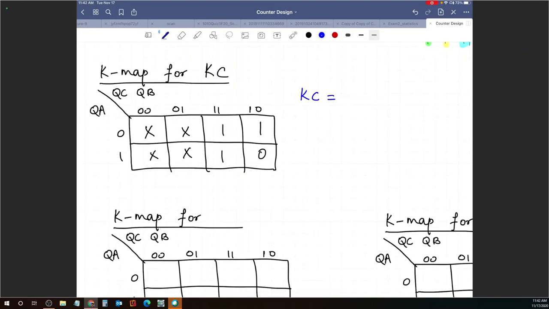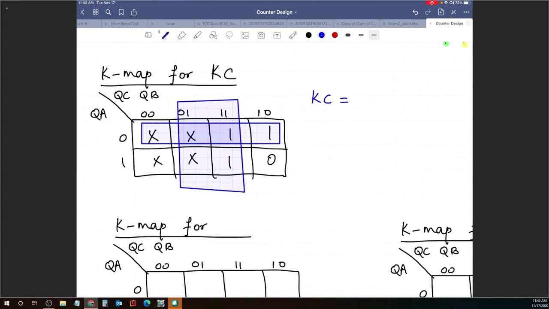So how about we do one group like that and another group like that. QA complement. Huh? Okay, QA complement or QB. That's what you mean. All right, let's see. So QA complement is good. And we have QB. Yes, you're right.